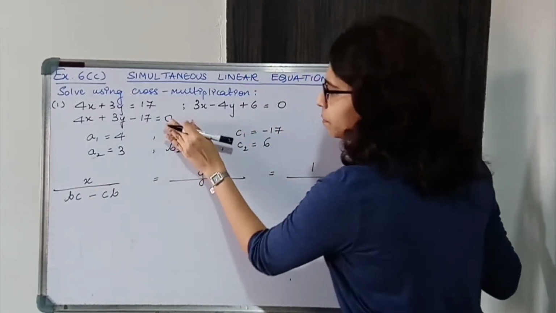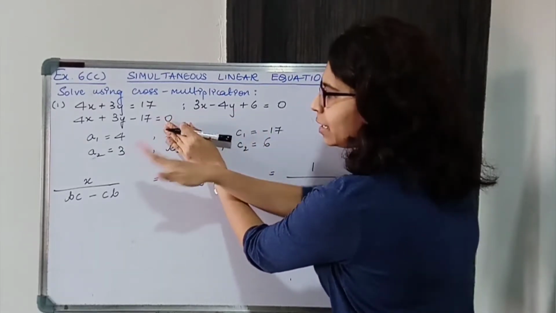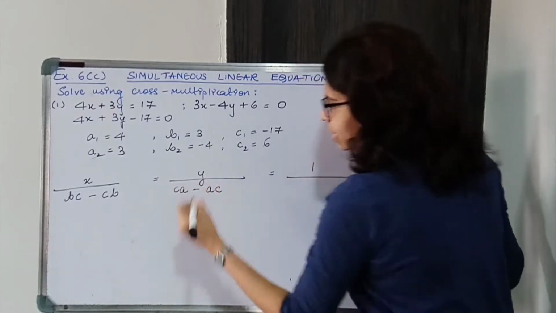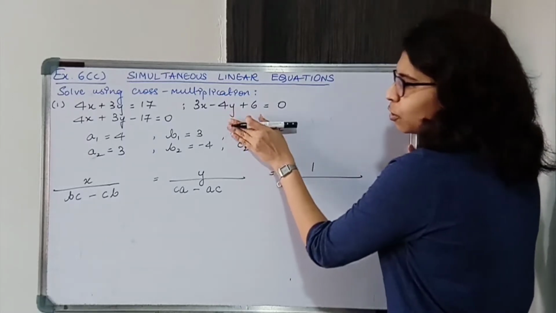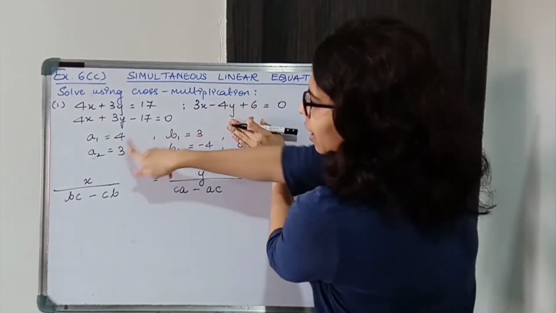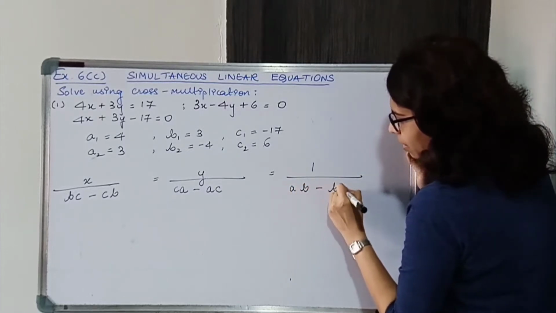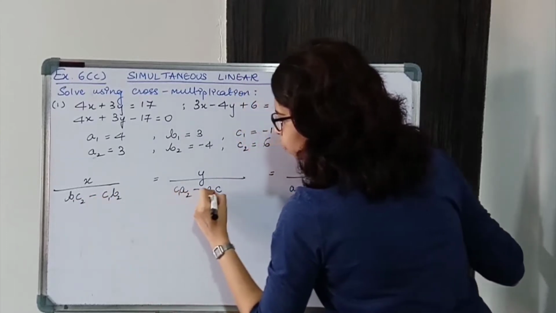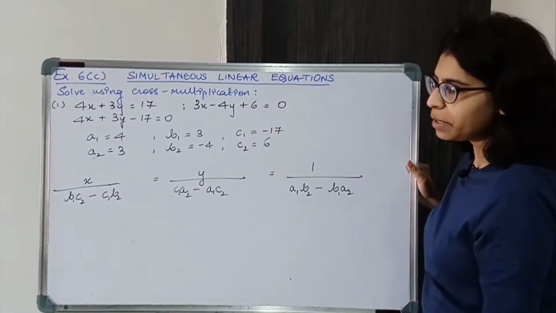Now y में b होता है कोएफिशिएंट, so forget b. Next comes c and then a, so ca minus ac. Okay, reverse कर दिया. Now constant, so constant a and b minus ba. Now put 1 2 1 2 1 2. Okay, so easy way to remember.